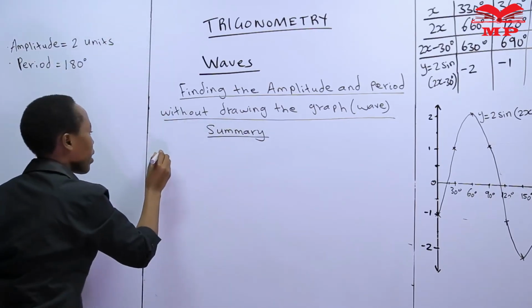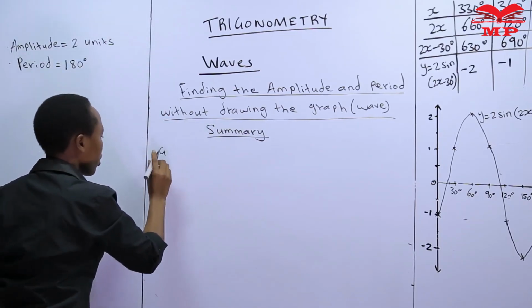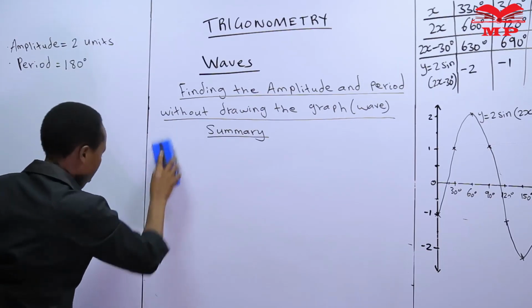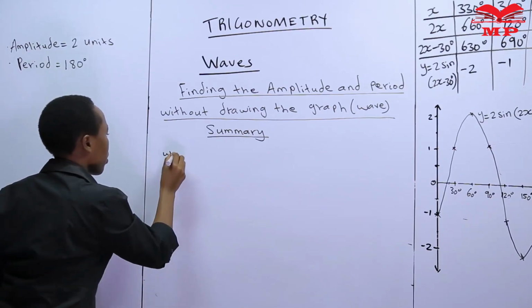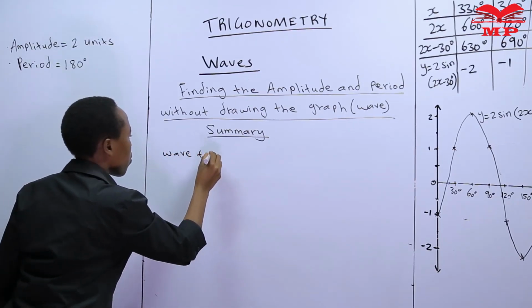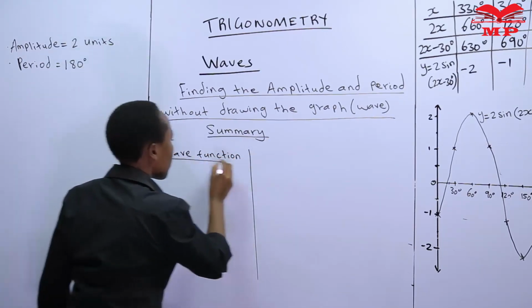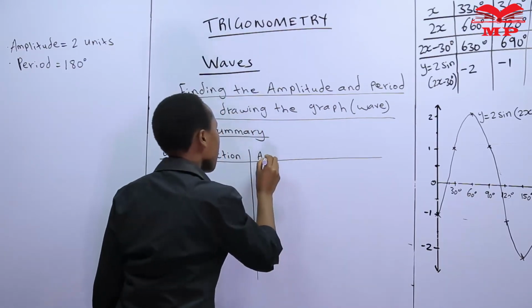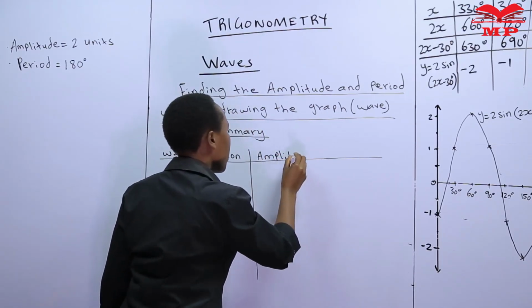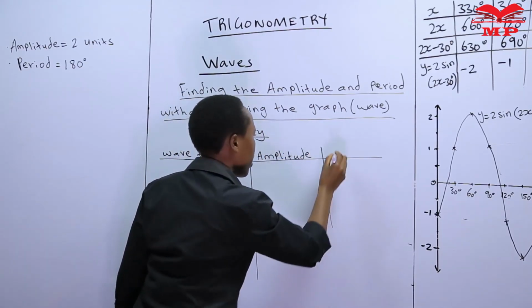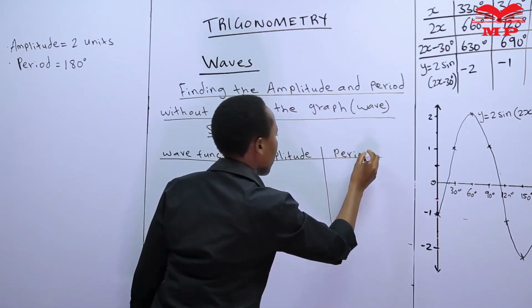Here we have the graph function, the wave function. We have plotted graphs for various wave functions. Then we'll have the amplitude, and then the period.